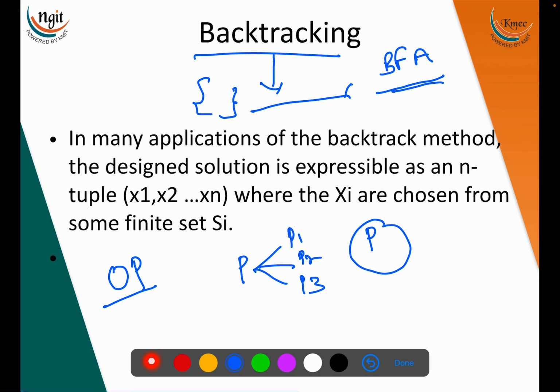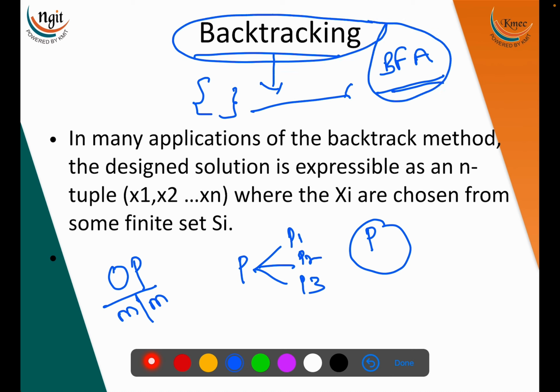A problem is said to be an optimization problem where the solution is expected in maximization or minimization. But as far as backtracking with the brute force approach is concerned, backtracking is used when you have multiple solutions. You want all these solutions. It's not that you'll take one solution, you need all the solutions.